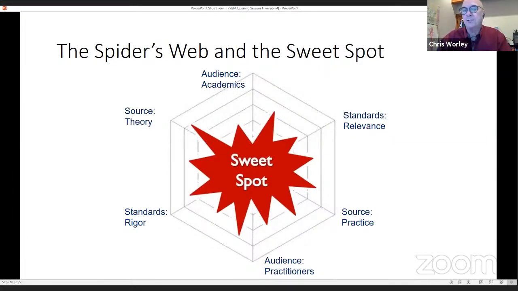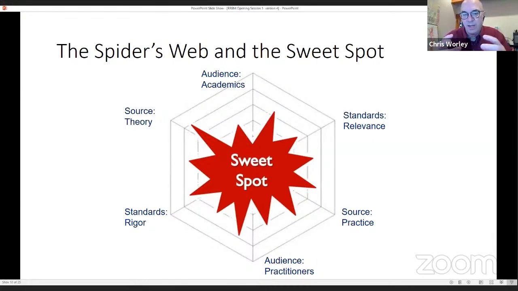We want to be sure that we respect, leverage, and acknowledge that everybody's contributing to this. There's a place in the world for the theorist. There are some people who are really good at that, and we want them to be really good at that because they make a contribution. At the same time, there are people doing really good practitioner research, consulting, generating research out in practice, and that's really helpful.